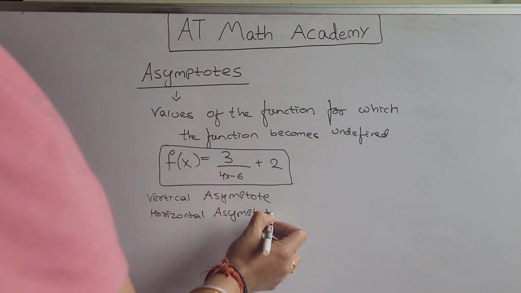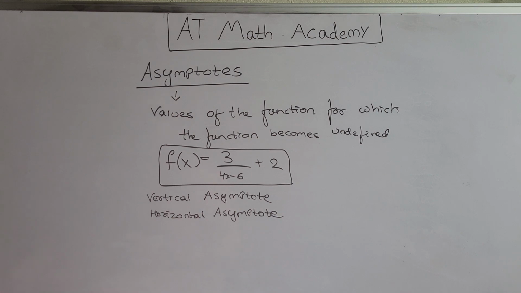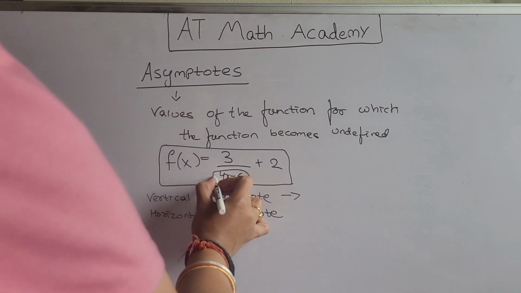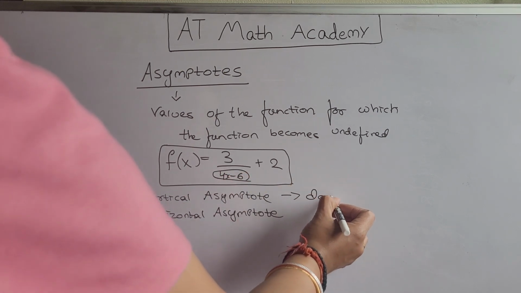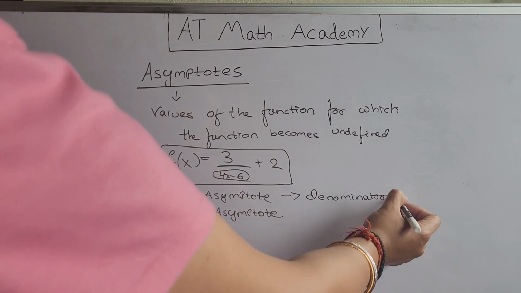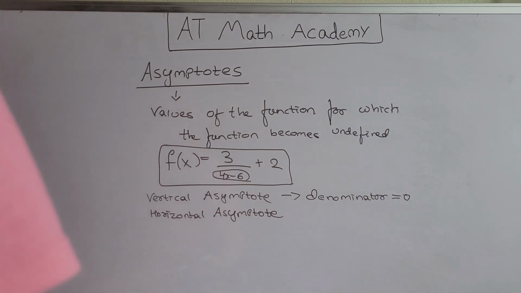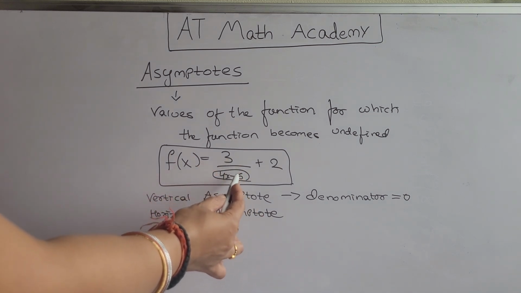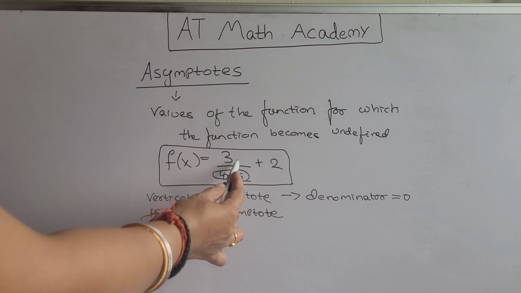Which means for finding the vertical asymptote, we need to equate the denominator to 0, such that this function becomes undefined, because 3 by 0 is infinity.